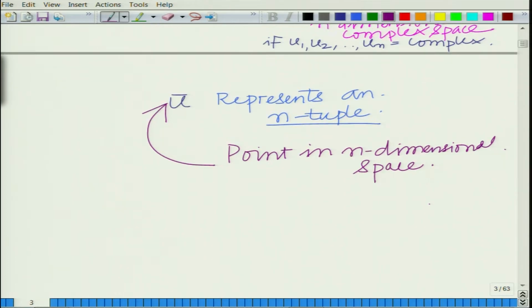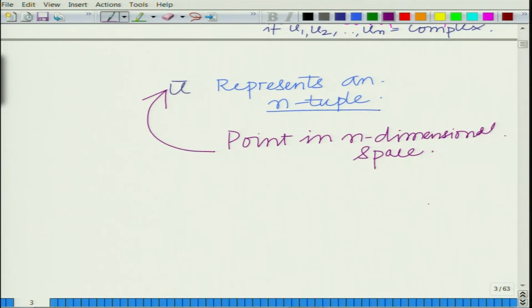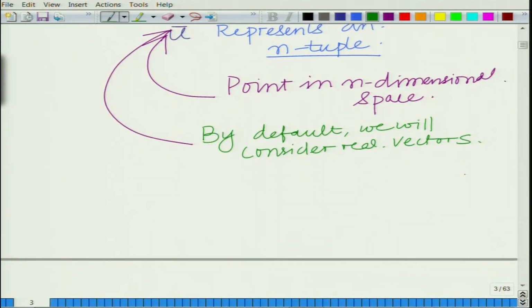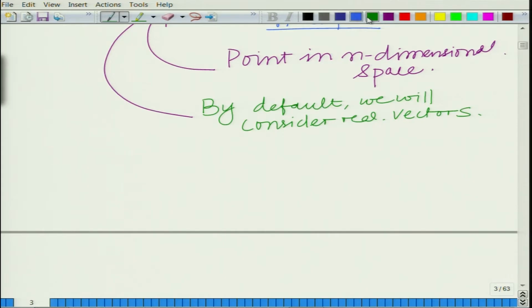This represents an n tuple or a point in n dimensional space, and by default we will consider real vectors.